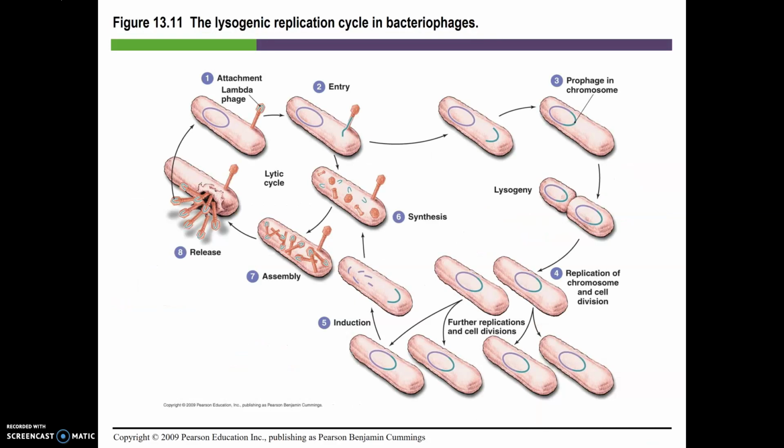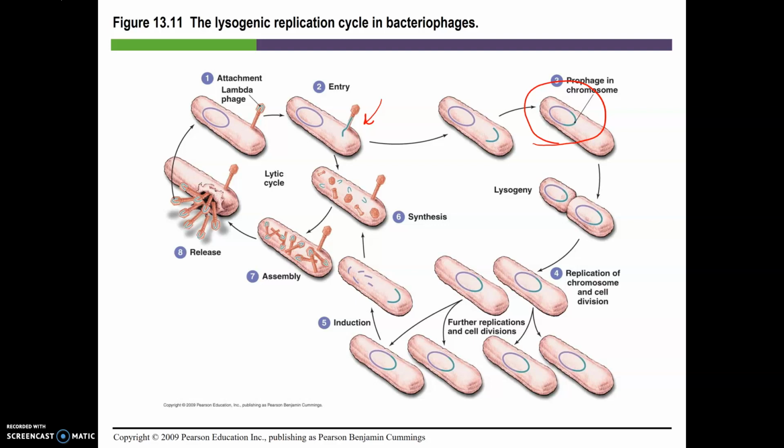This is that figure that shows the relationship between the lytic cycle and the lysogenic cycle. So sometimes when a phage injects its DNA, the DNA incorporates itself into the chromosome rather than entering directly into a lytic cycle. And that integrated phage will just replicate with the bacteria. So every time the bacteria divides, it's replicating the virus DNA as well.